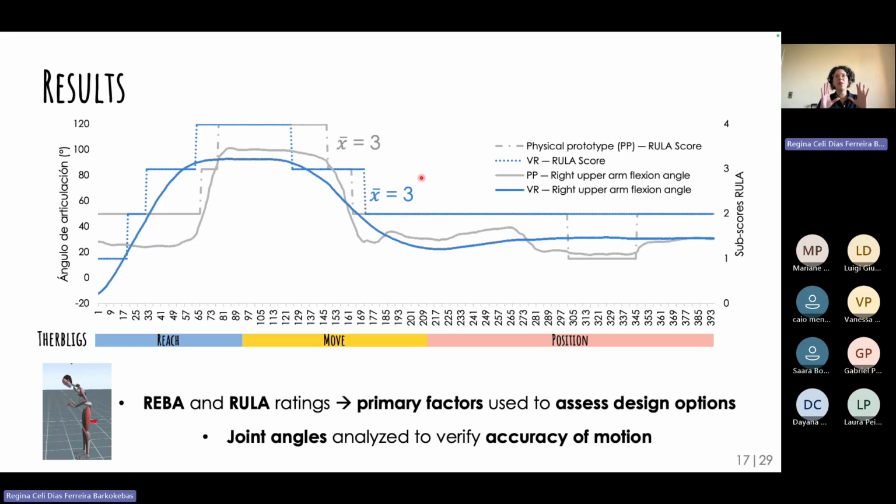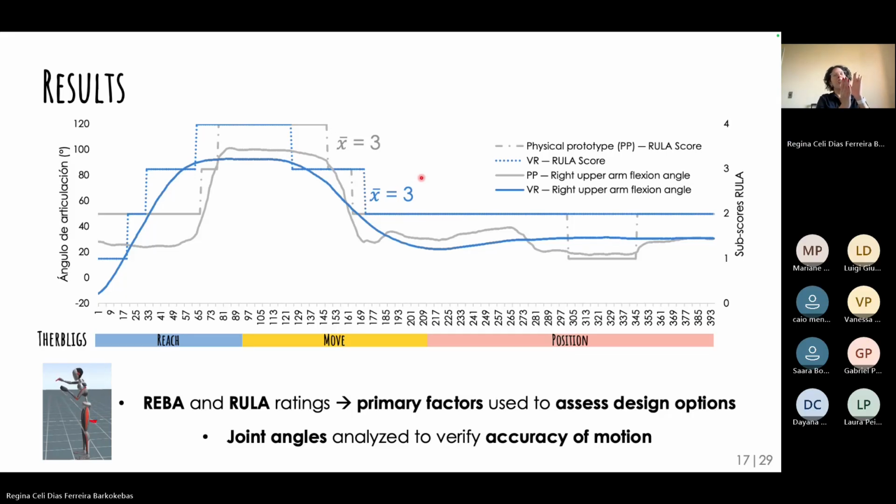REBA and RULA provide me a sub-score for each body segment according to a range of angles. So it can go, for example, from 0 to 20 for the neck. I can still have, I don't know, a score of 1 if it goes from 0 to 20.